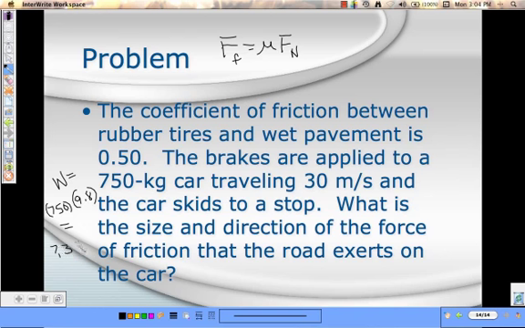7,350. And we know the coefficient mu is 0.5, so our force of friction then is equal to 0.5 times 7,350. So what's our force of friction?